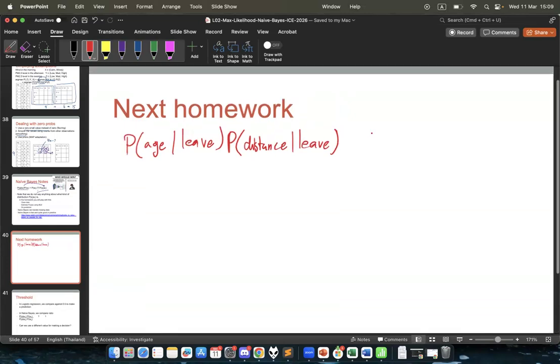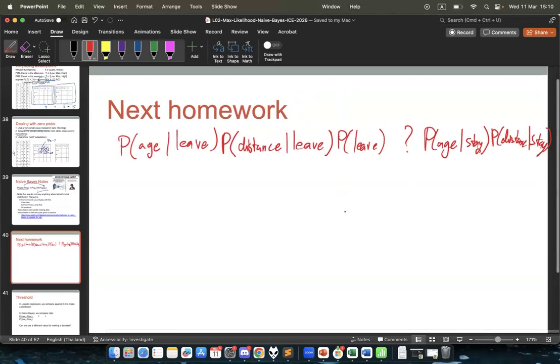We compare it against P(leave), compare against P(age | stay), P(distance | stay), and P(stay).